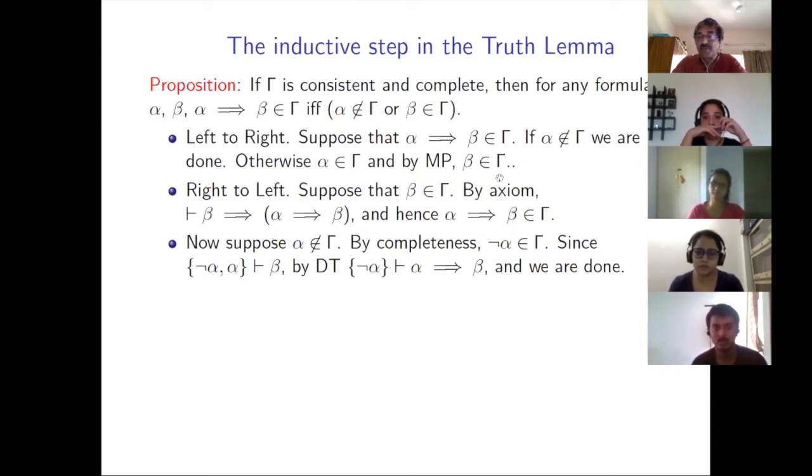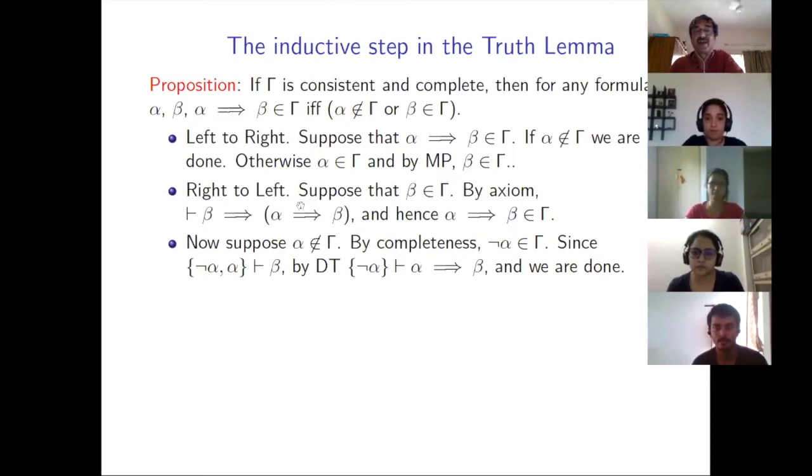Therefore, by modus ponens, gamma derives beta, but it's a complete set, so beta better belong to gamma. Why? Suppose beta doesn't belong to gamma. What will happen? Negation beta will belong to gamma. Gamma derives beta, as we saw, and gamma derives negation beta. That's a contradiction, since gamma is consistent. So if it's consistent and complete, if gamma derives beta, beta better belong to gamma. This is the left to right direction.